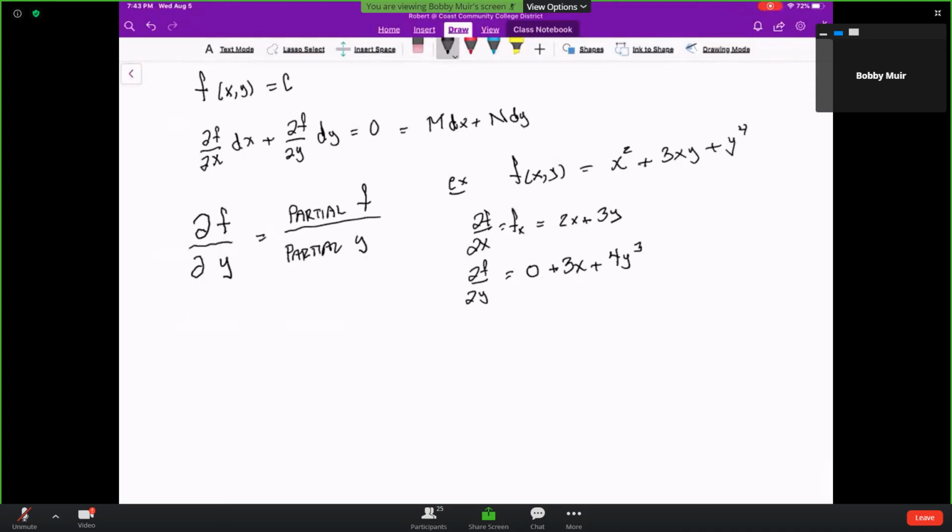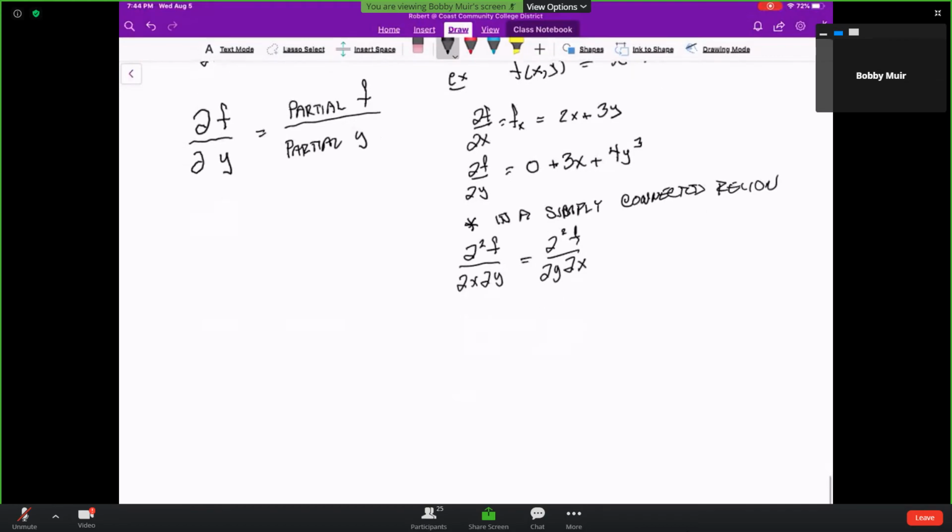What we find later is that if you're in a simply connected region in R2, and simply connected means there are no holes in the region, you get this result that for the mixed order partials, the order doesn't matter, meaning you can do y first and then x, or x first and then y.